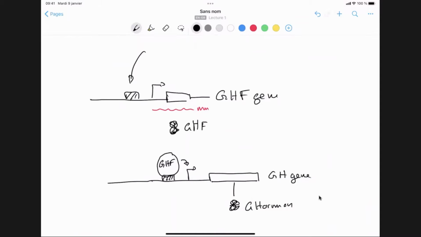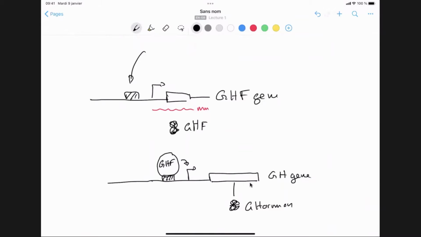Just to explain the concept, the GH gene produces growth hormone. So if this gene is functional, the rat will be normal, so no dwarfism.